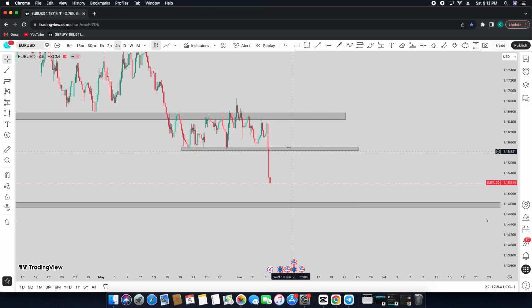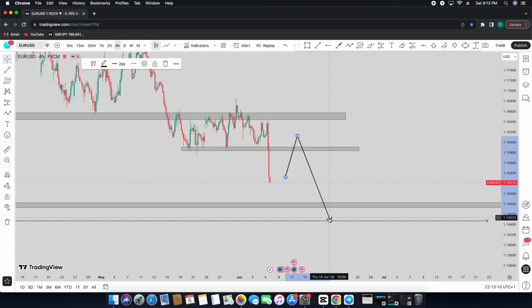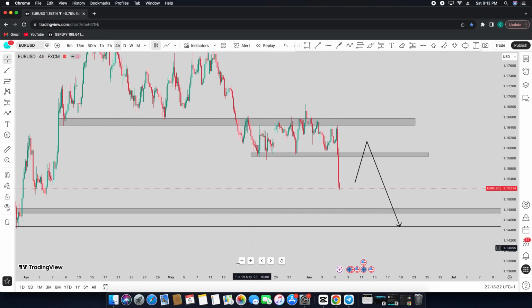So wait for the market to pull back into these levels, and then catch the trade on the pullback here. You can be taking your profits around here, this 1.4477. So that is what I would want to be doing on Euro USD if I were trading the 4 hour time frame.